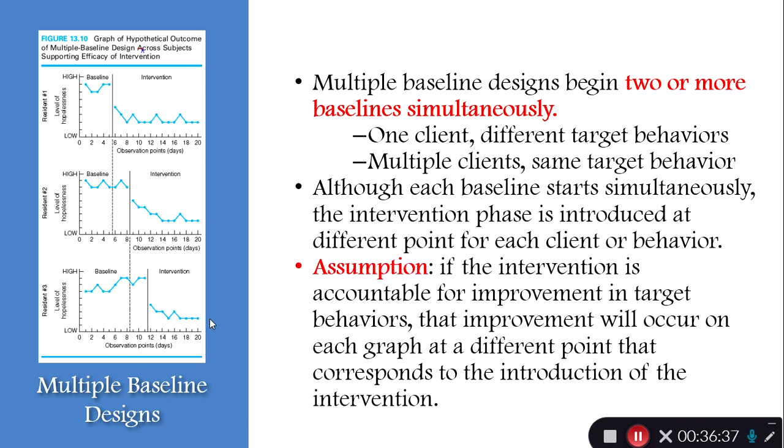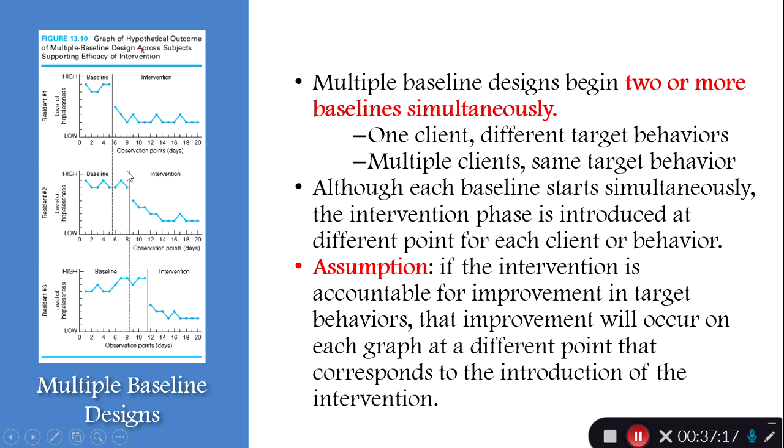So the assumption underlying this design is that if the intervention is accountable for improvement in target behaviors, that improvement will occur on each graph at a different point that corresponds to the introduction of the intervention. In other words, even though the baseline is different for each client, the improvement is going to correspond to the introduction of the intervention, no matter when the baseline begins, right?